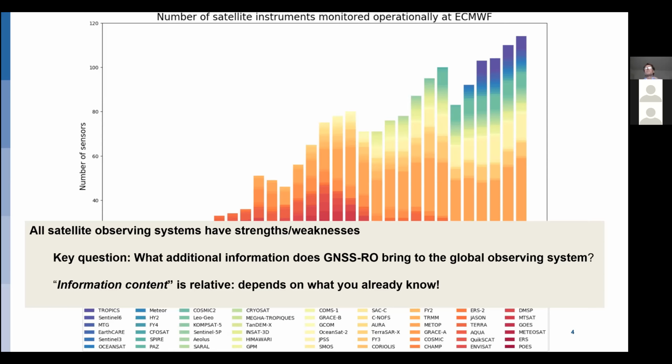There's not much point focusing on a satellite system that measures something that's already measured, if something else is not measured in your system. So the question then for radio occultation is, what does it bring to our global observing system, for NWP applications, that other systems perhaps don't do quite a good job on?